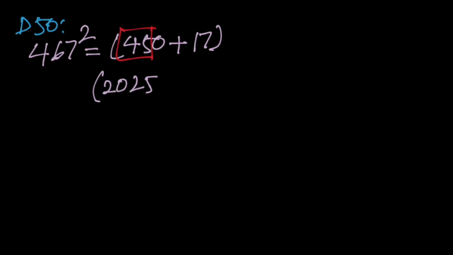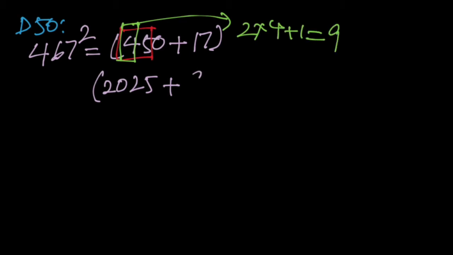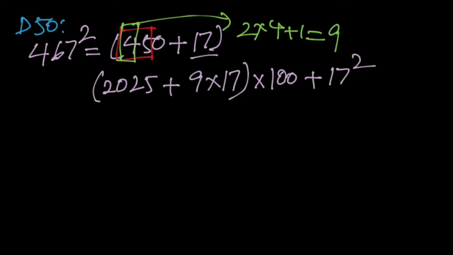How? 4 times 5 is 20 and we put 25 in the front. Then we add, what do we add? We take this number 4, we double it and we add 1. So, we get 9 here. So, we multiply 9 with 17 and whole thing is in hundreds. Then we add a square of 17.